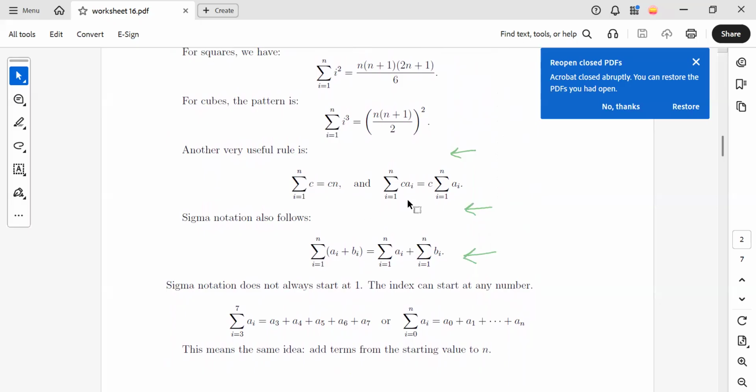Or if we have a number next to a sub i, which is the common term here, since c is not related to the counter, which is i here, you can bring this out as you see here. Or if you have sigma of two different common terms that are added together, you may write the sigma of the first one plus the sigma of the second one, as you see in the examples here.